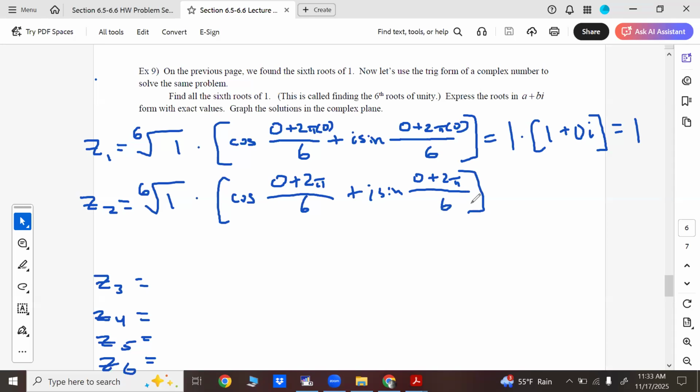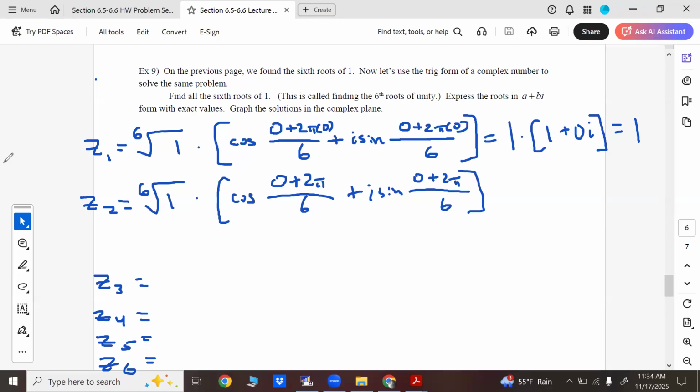And just think about it: 2 pi over 6, 4 pi over 6, 6 pi over 6, 8 pi over 6, and 10 pi over 6. Because I'm going to keep multiplying this 2 pi by every interval k until I've exhausted all 6 roots. So k equals 0, k equals 1, k equals 2, k equals 3, k equals 4, k equals 5.